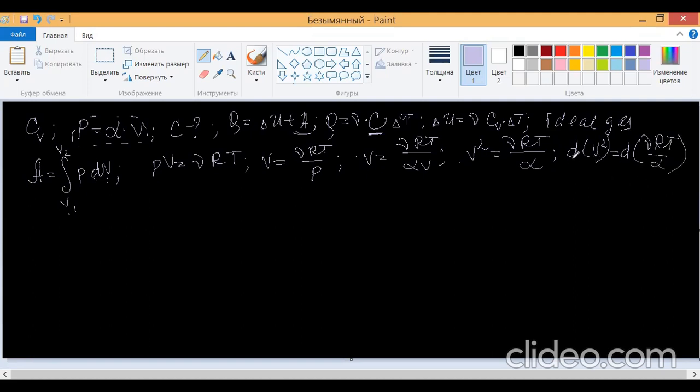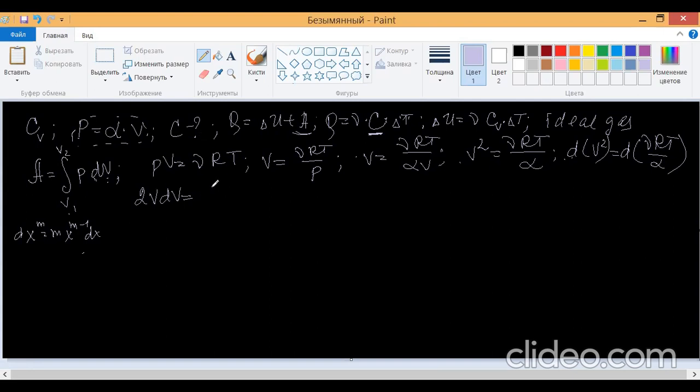And we remember that the differential of, for example, x raised to m is equal to m times x raised to m minus 1 dx, right? So if we follow this formula, d of V squared is equal to 2 times V dV. Alpha, R and nu are constant.